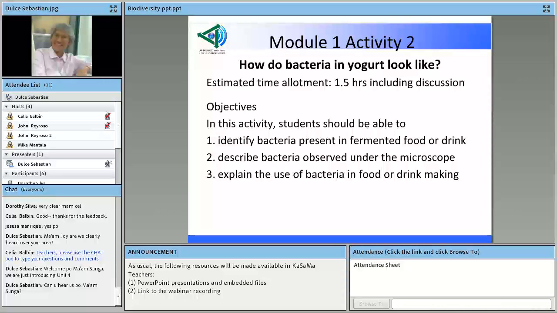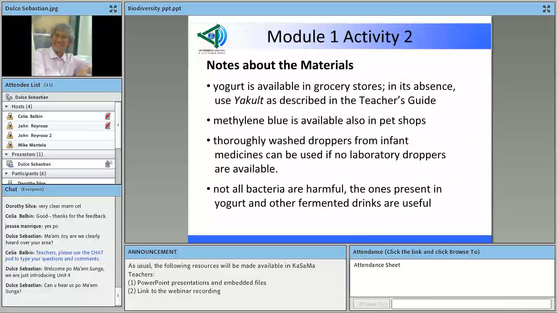The objectives of this activity are to identify bacteria present in fermented food or drink, to describe bacteria observed under the microscope, and to explain the use of bacteria in food or drink making. With regards to the materials, yogurt is available in grocery stores, and in its absence, Yakult can be used as described in the teacher's guide.